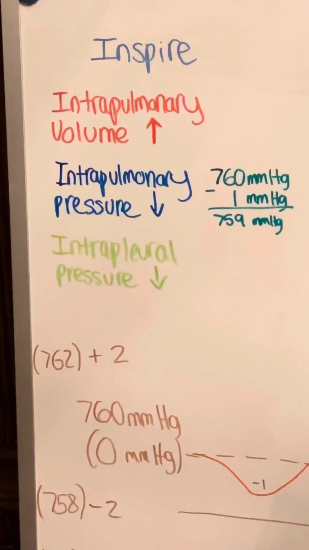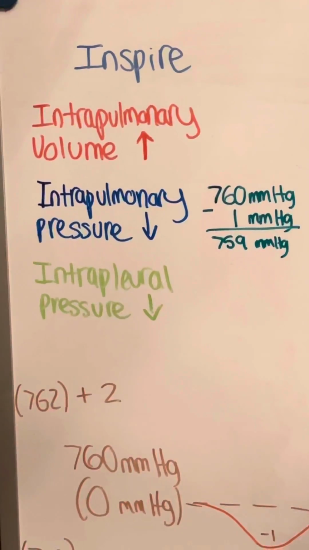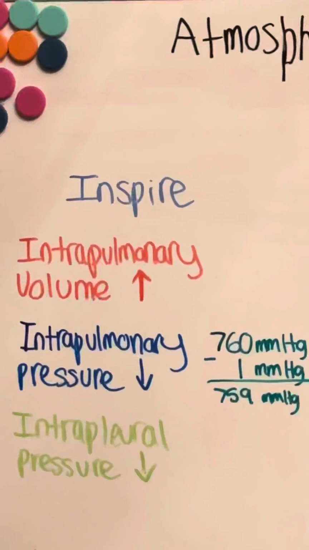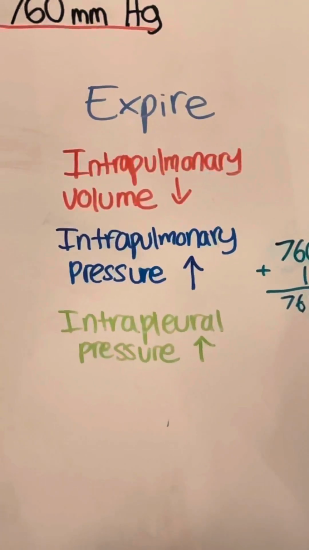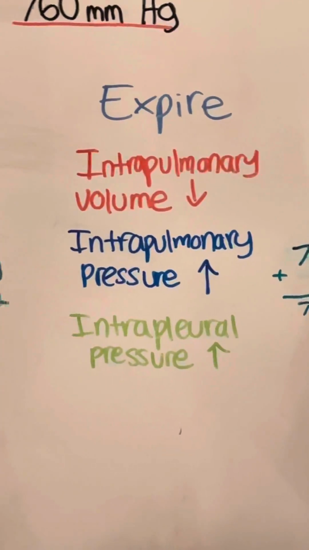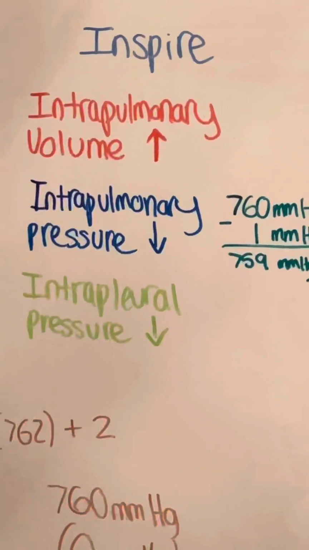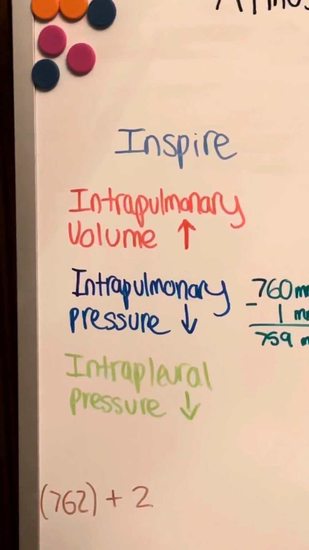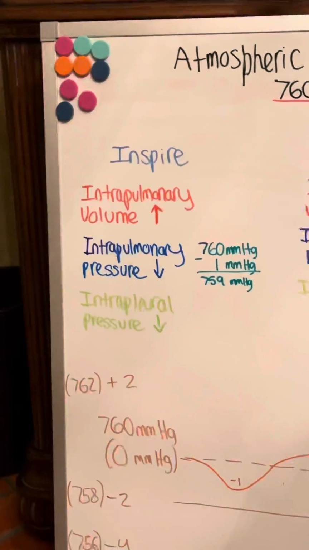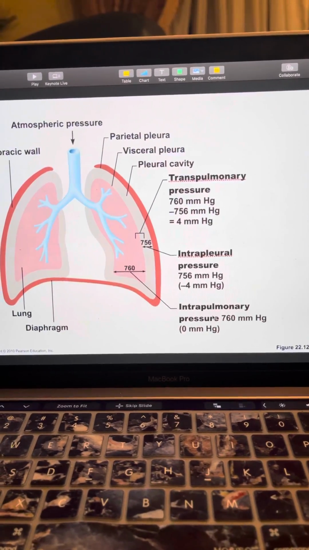And notice down here, though, intrapleural pressure is down in comparison to intrapulmonary pressure being down when you inspire, breathe in, and intrapleural pressure is up while intrapulmonary pressure is up when you expire. So think about that for a second. Why do you think that these have a direct correlation to each other as compared to the volume and pressure having an inverse one? When we look back over to our picture right here, intrapleural pressure and intrapulmonary pressure.